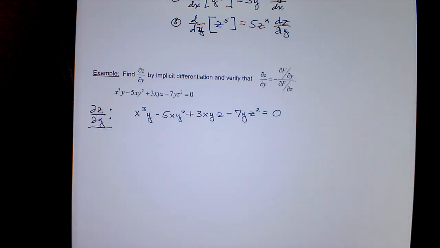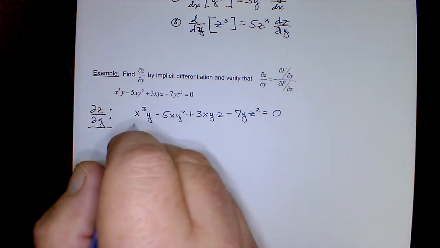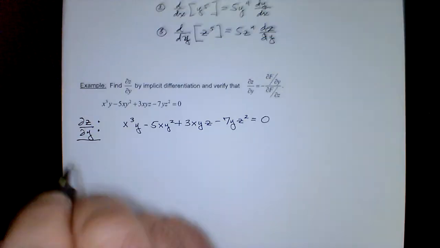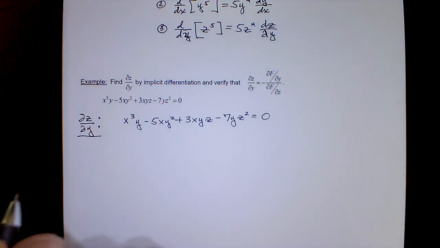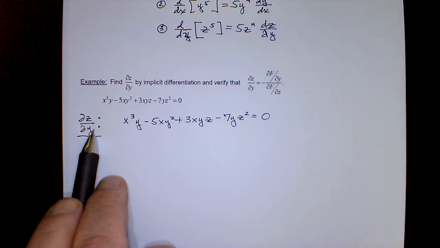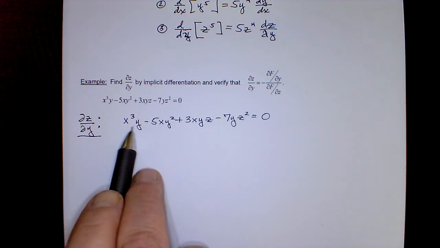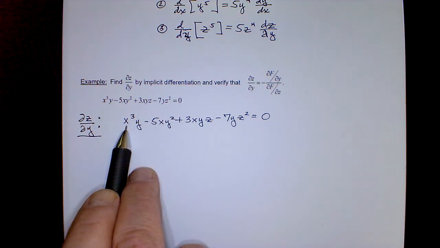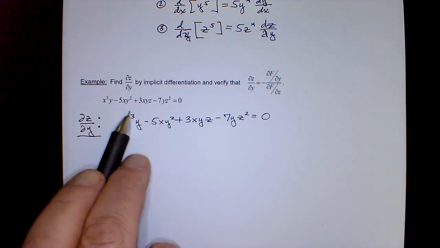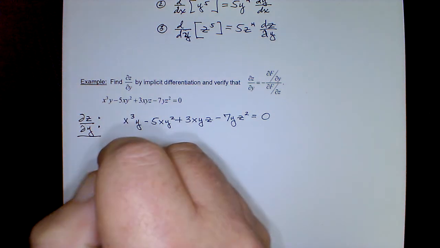Okay, so now we start the differentiation process. Now we're differentiating with respect to y. So x is held as a constant. So here the derivative of x cubed y, well, x is a constant, so the derivative of y is 1, so we just get x cubed.